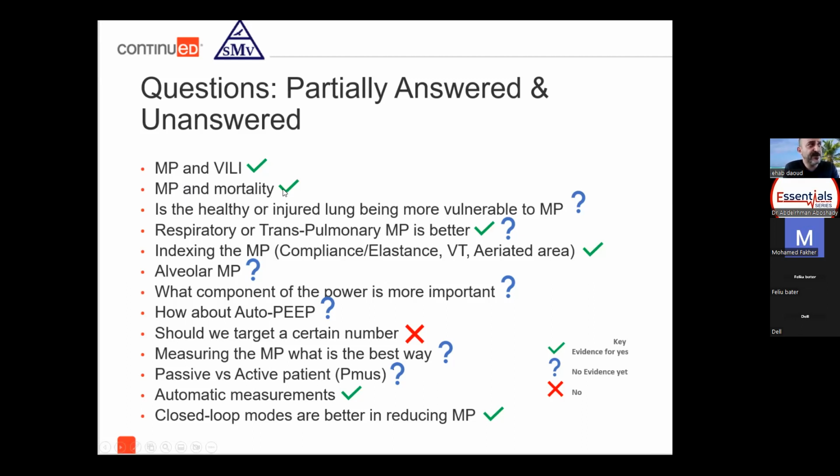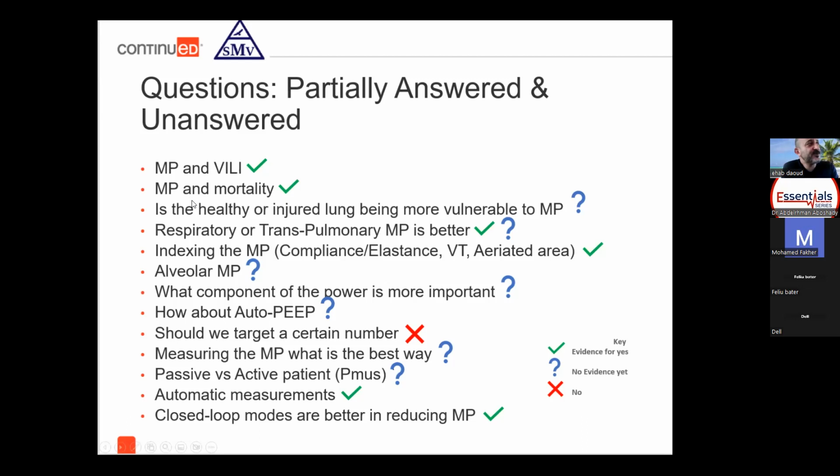Similar to the top, yes, there is a lot of research that mechanical power is related to mortality. And during the COVID time, there were a lot of studies showing that the mechanical power during COVID was so much higher than during non-COVID, just regular ARDS. We see numbers in the 30s or almost 35, which is huge.